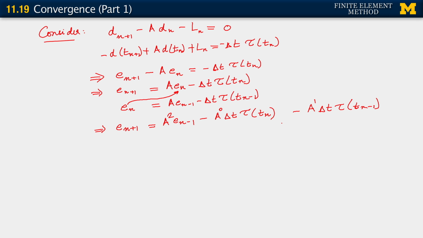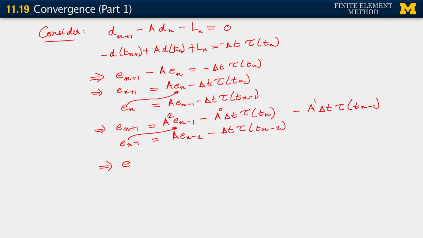All right. Now I can take yet another step. What if I were to now rewrite an equation for E at n-1? I would get A E at n-2 minus delta t tau at t^{n-2}. Okay, and making the substitution, you see how this is going, right?